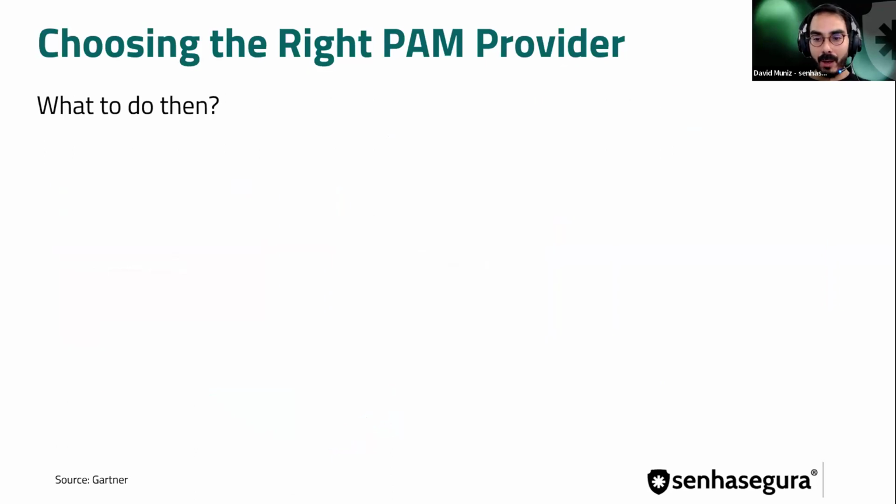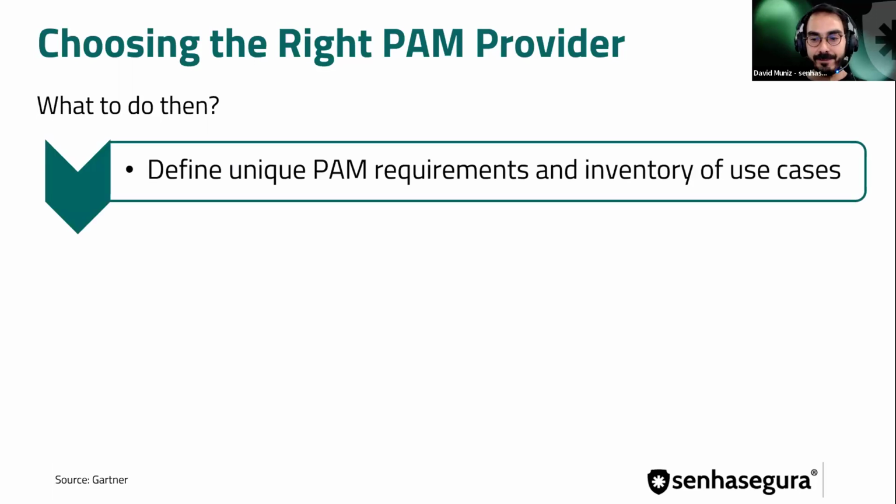So we already know that implementing PAM is not easy. So the question is, what must security and risk management leaders do to succeed in their PAM programs? First of all, define their unique PAM requirements, to align them with business risks and also risk appetite. So understand what their PAM use cases are, and all the PAM accounts, including not only people, but also machine accounts as well.